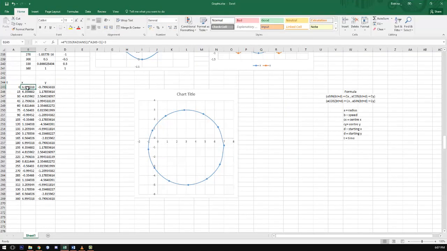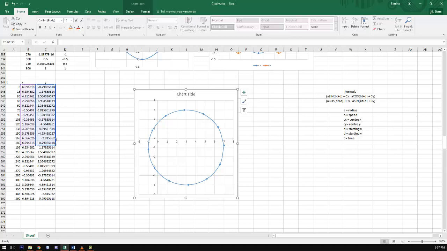So I put in my formula: 4 multiplied by cos, 4 being the radius, cos being anti-clockwise, multiplied by radians, then 2 for the double speed, multiplied by t, which is 0 right now, and then plus 3, which is the starting point, and then plus another 3 to the final thing to get the center where the circle starts.